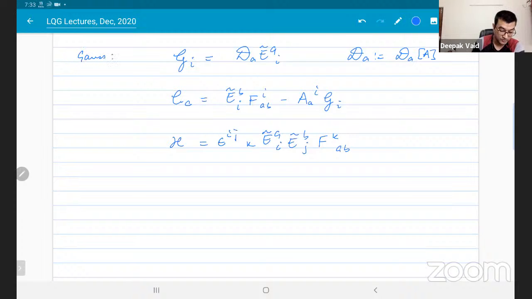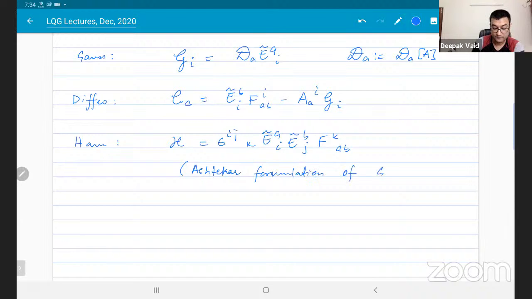So this is Gauss, this is diffeo, and this is Hamiltonian. This is called the Ashtekar formulation of quantum gravity, of general relativity.